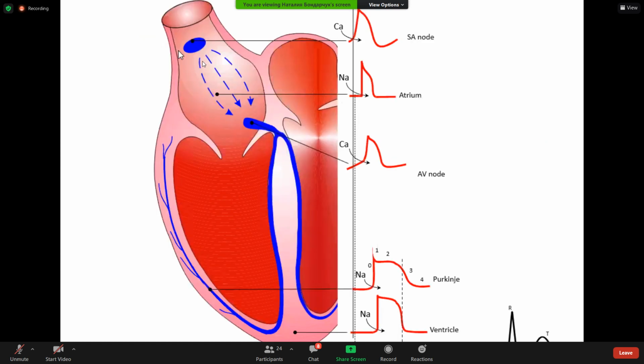So on this diagram, you can see all these. The main are the sinoatrial node, induction potential of the sinoatrial node, AV node, atrioventricular node, induction potential of it. And also we'll speak about Purkinje fibers, induction potential of Purkinje fibers.